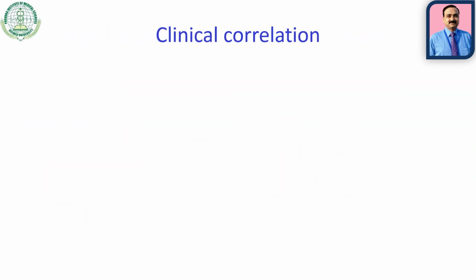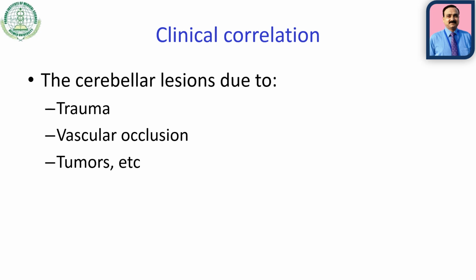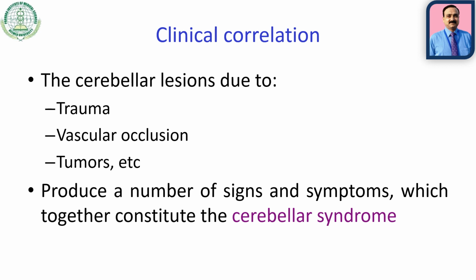Now coming to the clinical correlation. The cerebellar lesions are due to either trauma, vascular occlusion or tumors. Due to these cerebellar lesions, they produce a number of signs and symptoms which together constitute the cerebellar syndrome.